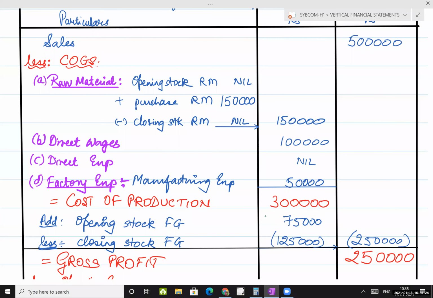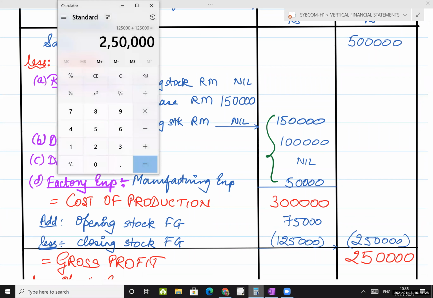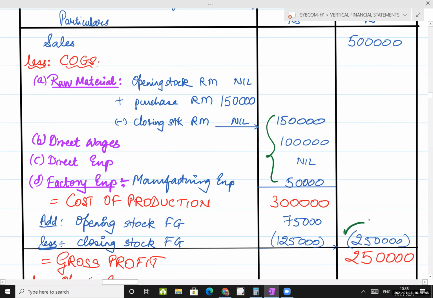Okay. Total this: 1,50,000 plus 1 lakh plus 50,000 is 3 lakhs, plus 75 minus 1,25,000. So 2,50,000 is my COGS. Okay, great. Thanks, Shivam.